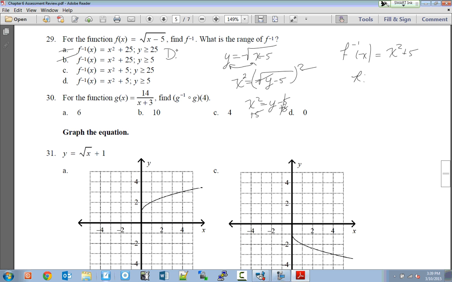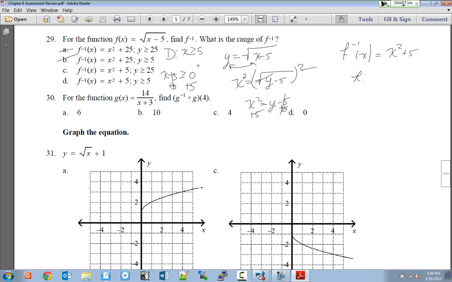So the x minus 5, which is your radicand, has to be greater than or equal to 0. To get the domain, all you do is solve this inequality. Plus 5, plus 5. So x is greater than or equal to 5.